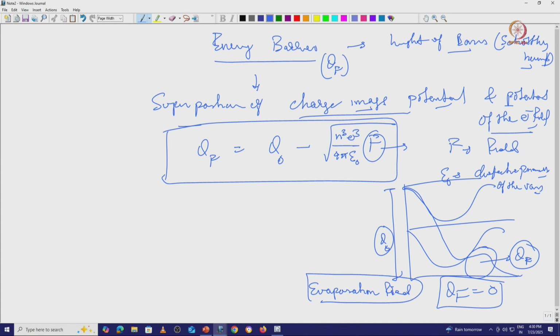Remember, theta f, the energy barrier, is a function of the electric field which is present just ahead of the tip surface. When this electric field is sufficient that theta f becomes 0, then the field is called the evaporation field of that particular element. Okay, another important term is the evaporation rate.